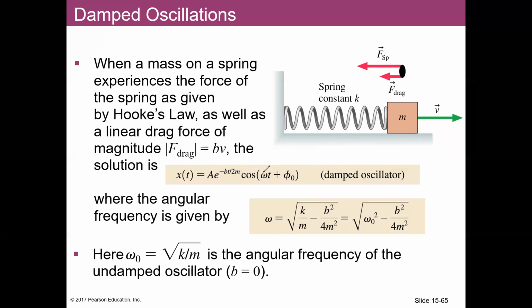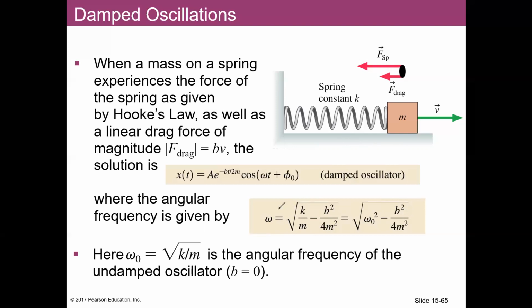So the angular frequency of this damped system is going to be different than the angular frequency of the undamped system. If you look here at this equation for angular frequency, once again derived in an advanced course, you see that the angular frequency of the damped system is really proportional to the angular frequency squared of the undamped system minus this small contribution due to the drag constant and the mass.